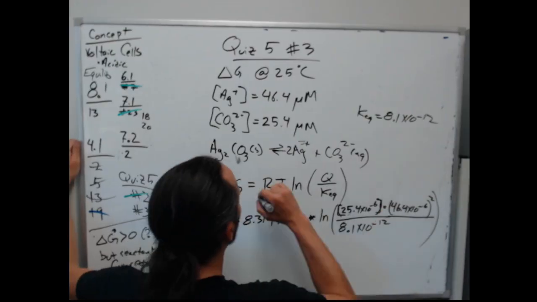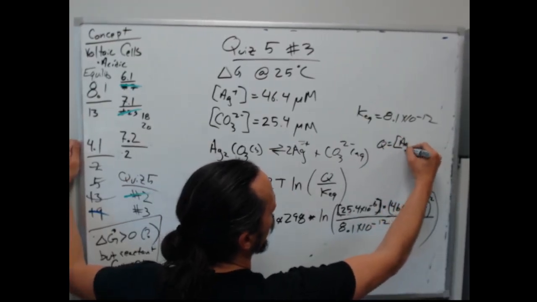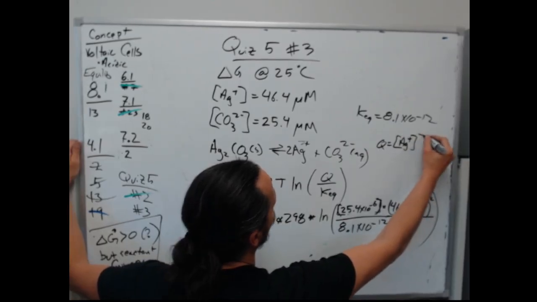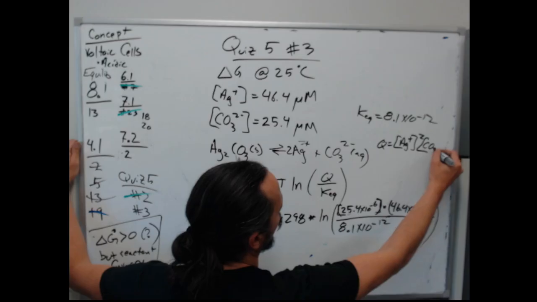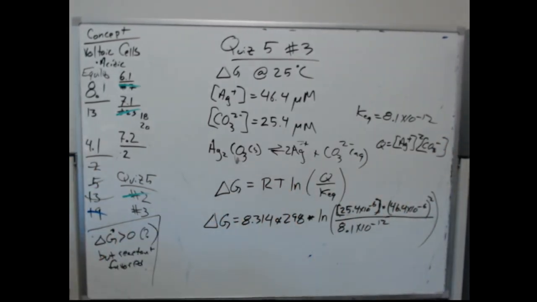Because my Q value is going to be Ag plus squared times CO3 2 minus. I did it in the opposite order in there, but that's what it's going to be equal to. So I have my silver concentration squared, and I've got my carbonate concentration times that.